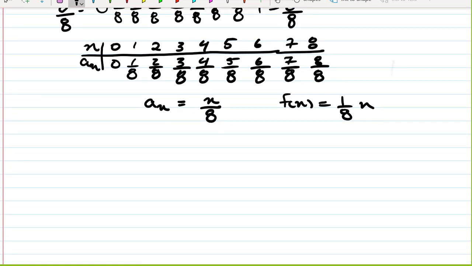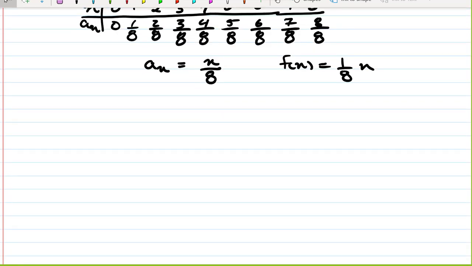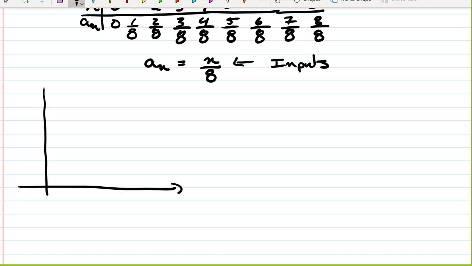Well then, this gives us each of the inputs on our graph. It's probably a better idea not to think of it this way, because it might confuse our inputs with our outputs. So these are our inputs. And the function that we are trying to approximate the area underneath was our squaring function. So it looks like this, right?